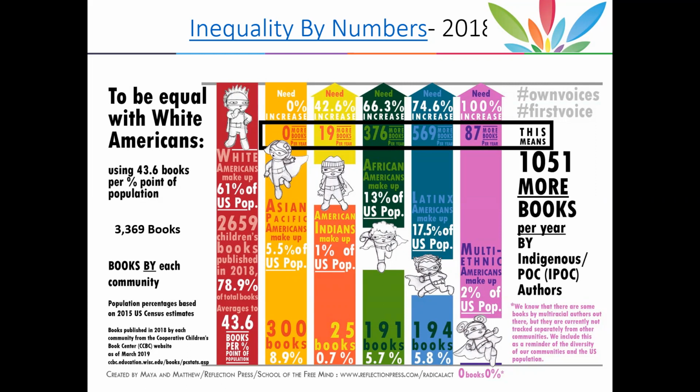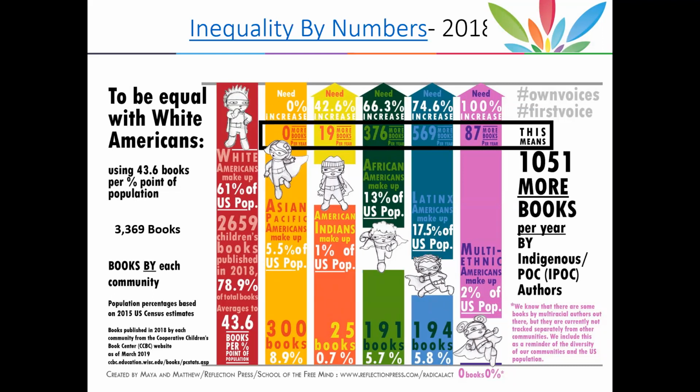This image is telling the viewers how many more books need to be published by authors of color and Indigenous authors to have a ratio equal to the ratio of books by white authors to white Americans. So we're just talking about equality here, not equity or justice.